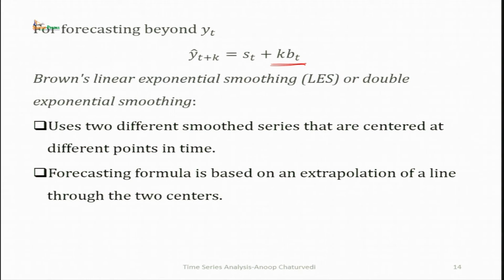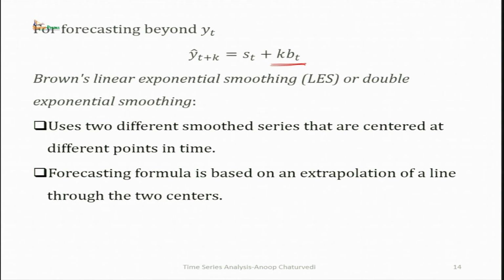Still, in this procedure we are assuming no seasonality, but sometimes in a time series you may have seasonality. So, you must have some forecasting procedure which takes care of seasonality also. We will come to this point later on.